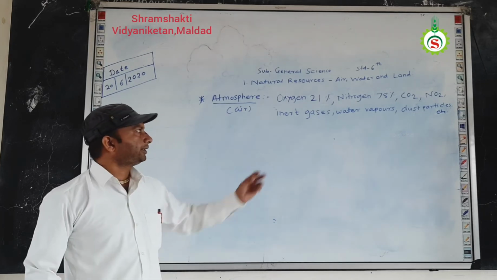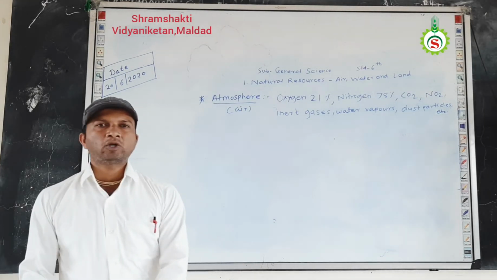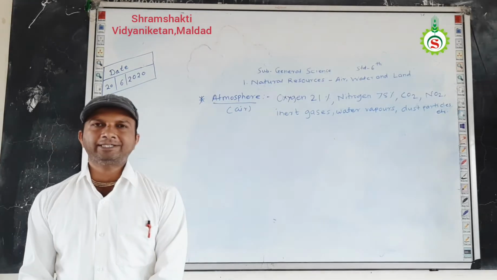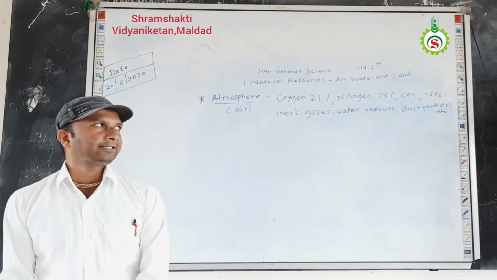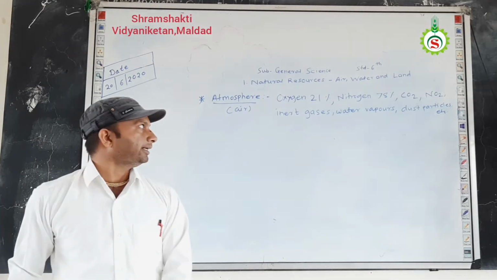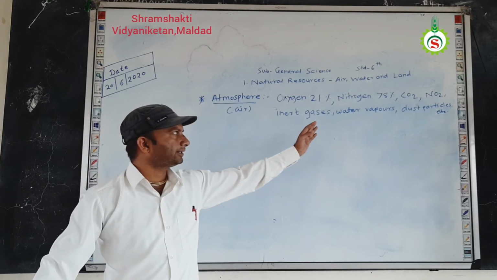In the air, which different gases have we seen? Oxygen and nitrogen. Nitrogen is present in 78%, oxygen 21%. Then other gases in small quantity like carbon dioxide, nitrogen dioxide, inert gases, water vapors, dust particles.